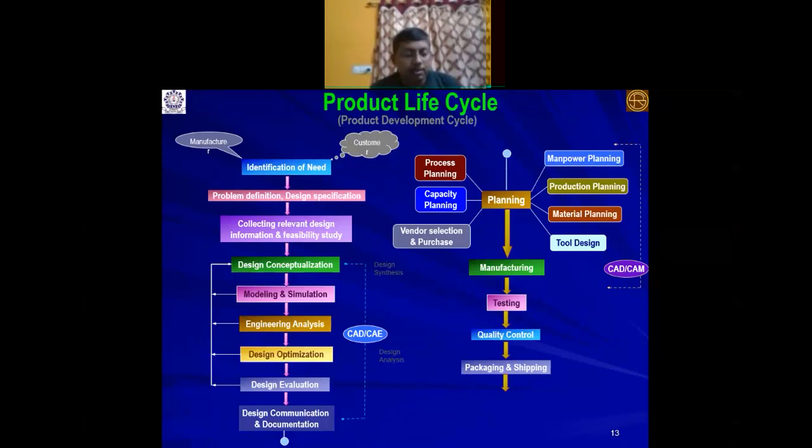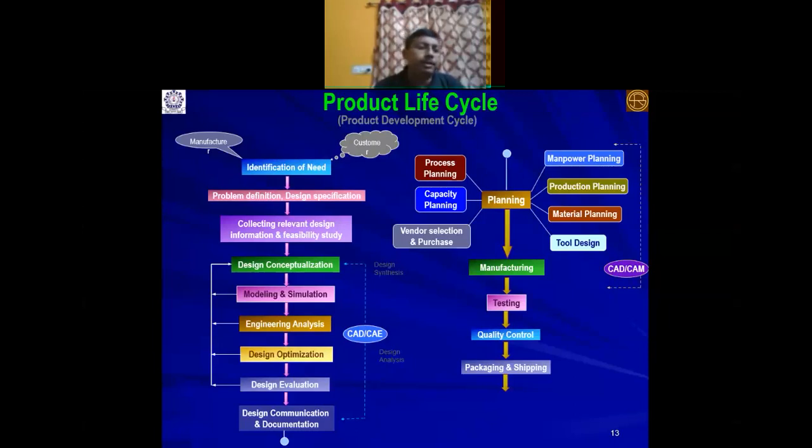So as there is involvement of money and time in every activity, you can reduce a little bit of the money requirement, or the cost, as well as the time of each activity, because manpower is money, material is also money, machine is also money. So ultimately all three are money. If you can reduce the requirement of man, machine, and material, that ultimately reduces the money and also the time.